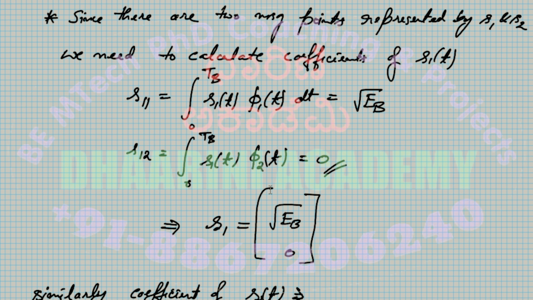So every point in space has two values to represent it, like x and y coordinates.